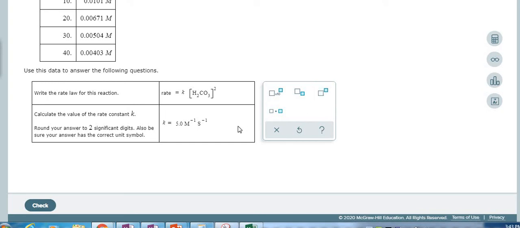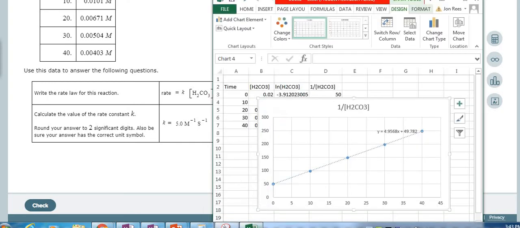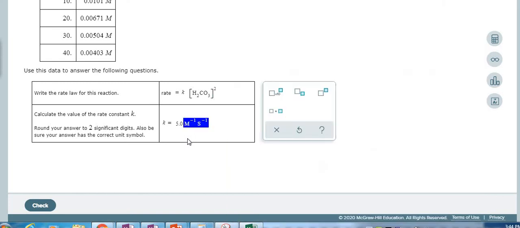Okay, so you get that from your graph, it's rise over run, so the units are going to be 1 over molarity, or inverse molarity, divided by seconds, or inverse seconds, and so that's how I get my units. Or you can just remember that the units for a second order kinetic integrated rate problem are going to be units of molarity inverse seconds inverse.